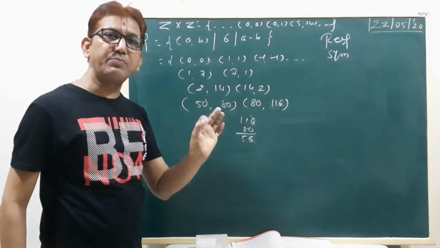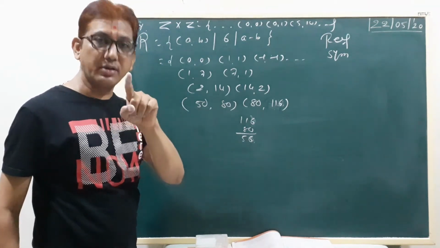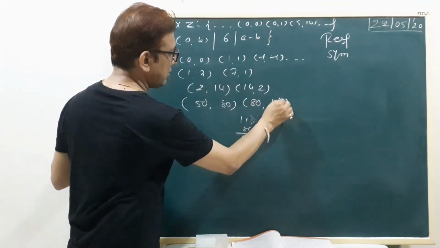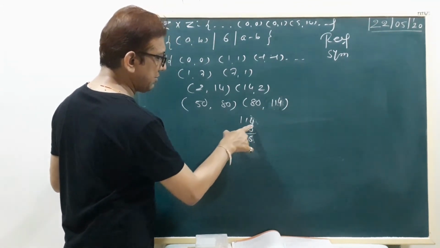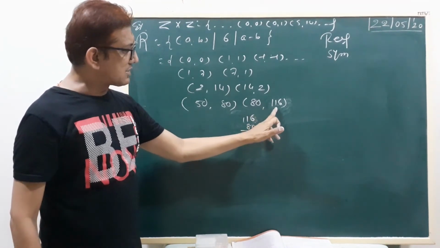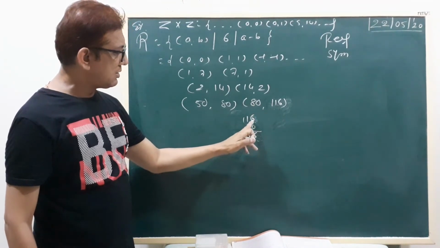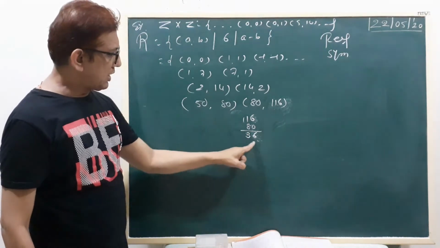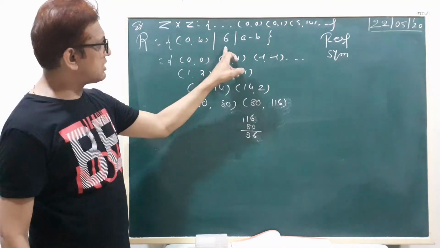Here 33, which is divisible by 6. Now change the number, 80 and 116. 116 minus 80: 6 minus 0, 11 minus 8, 3. So the answer is 36. So 36 is divisible by 6.